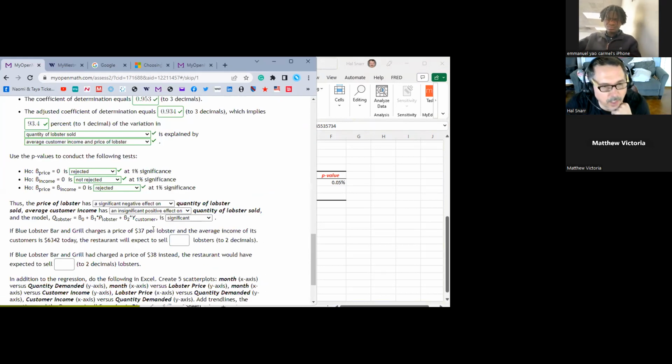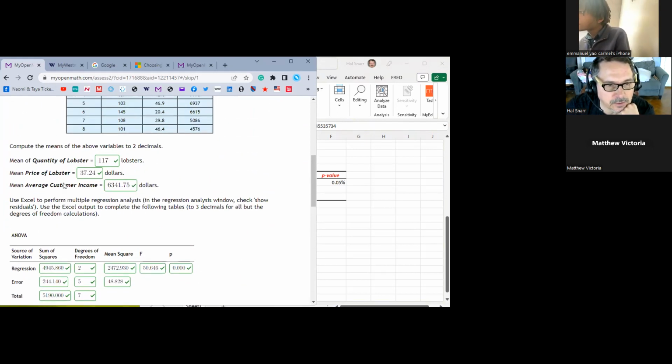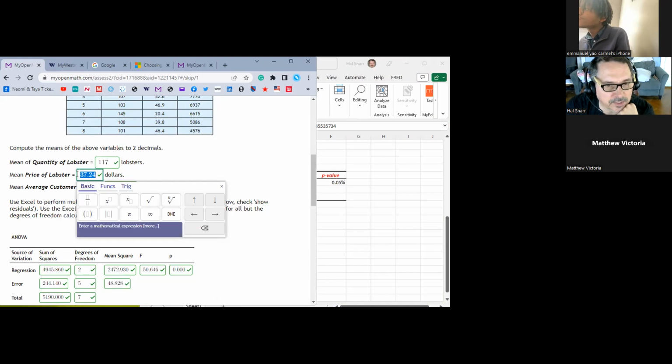Okay, if you reload it, everybody, you'll see the price of lobster pop up, and you'll see the average customer income pop up. All right, so if Blue Lobster Bar and Grill charges a price of 37, 37 is my average rounded to 0 decimal places.